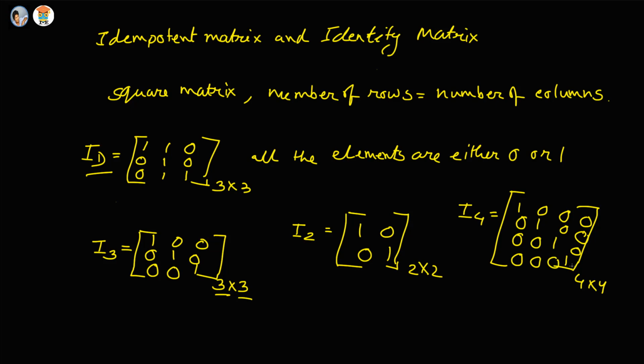Here in principal diagonal we have 1 and in other places we have 0. We can say that identity matrices are some form of idempotent matrix. Again, if we want to write I1, that means it will just be a matrix with 1 row and 1 column, and there will be just only 1.